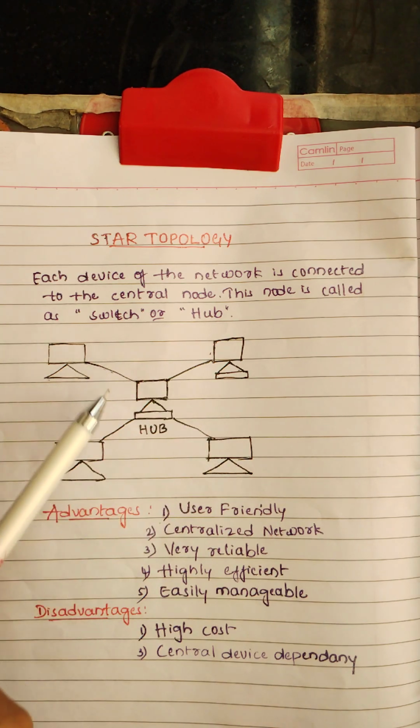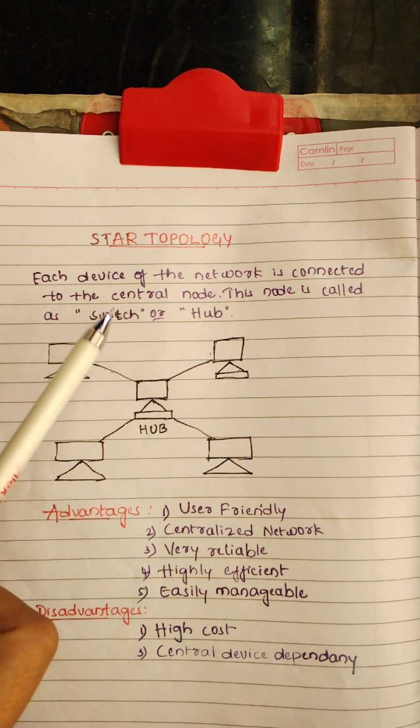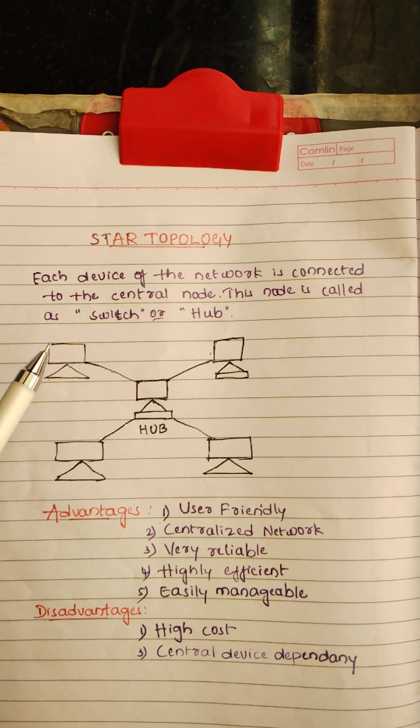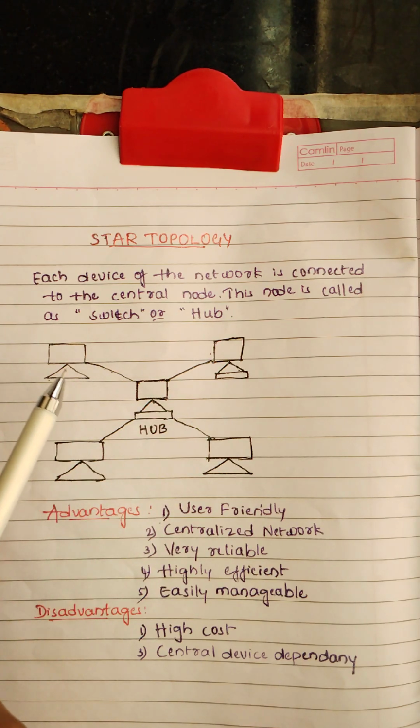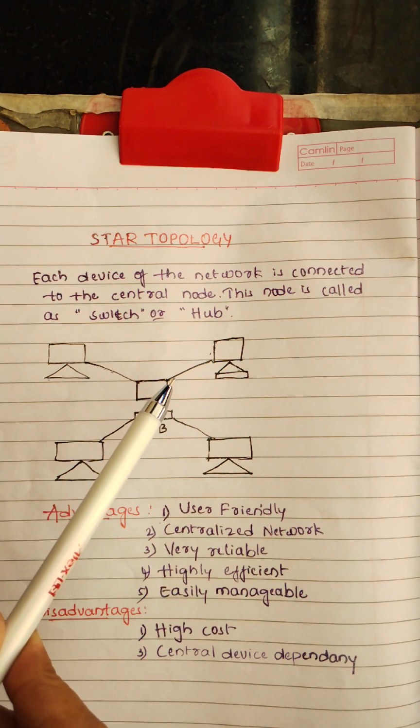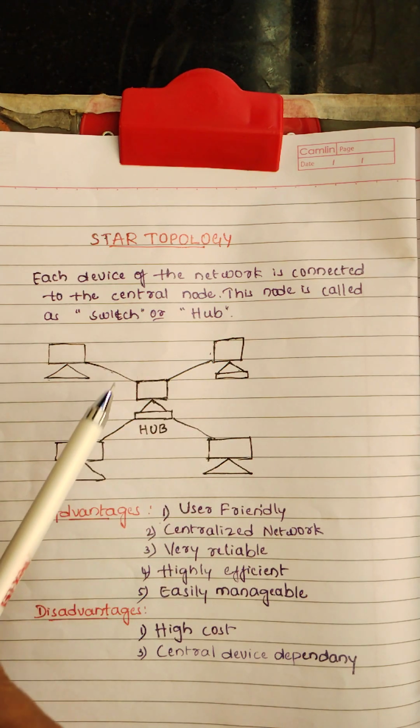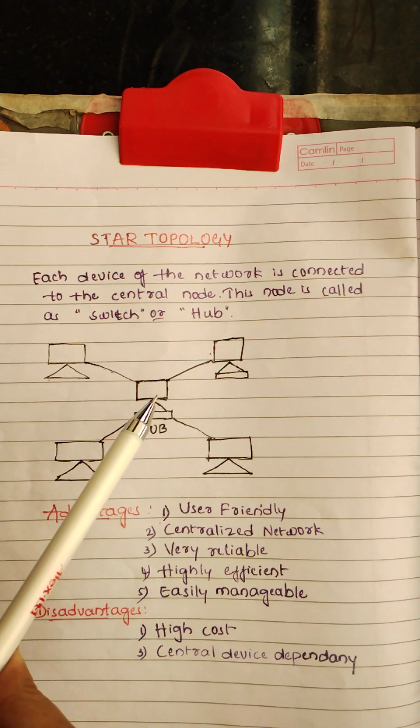This type of topology is called star topology. Here the entire data transfer between the network is entirely dependent on the hub or switch.